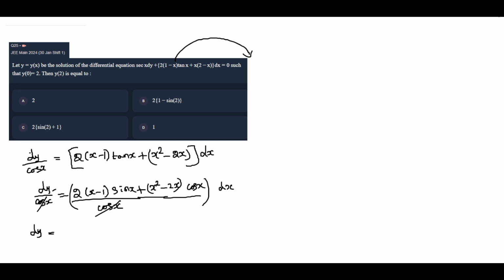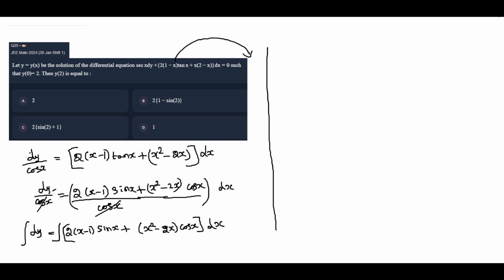So dy equals 2 into x minus 1 sin x plus x square minus 2x into cos x into dx. Now integrate the term using by parts, so dy equals y. If you simplify, you will get x square. It's a normal integrating by parts, so I am just directly writing the answer: x square minus 2x into sin x plus c.